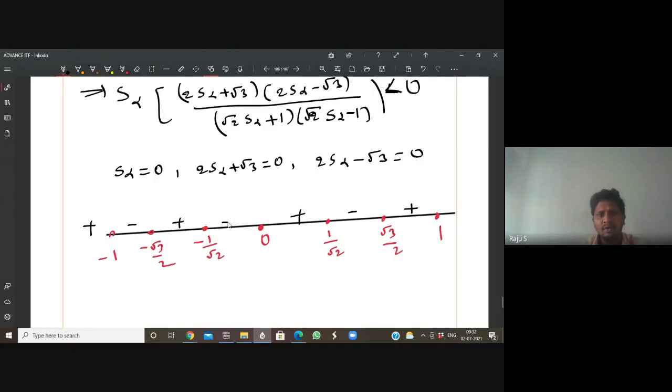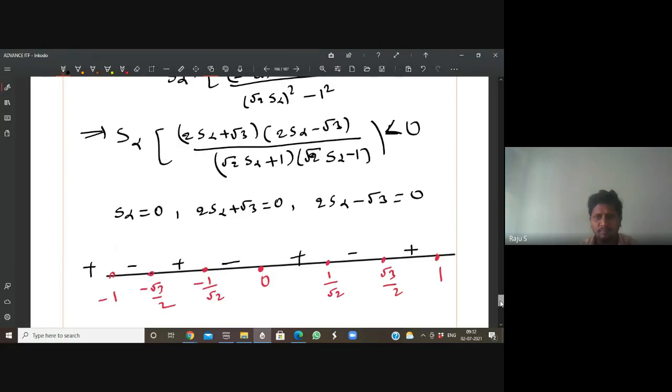See here, when you take the sine alpha values like this, the value from root 3 by 2 to 1 will be plus. Then if you take 1 by root 2 to root 3 by 2, between that it is minus. If you take the minus sign, it will be lesser than 0. Nothing but that only I have written.